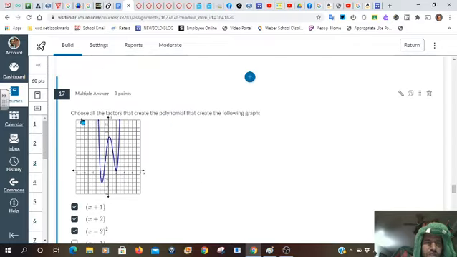This one says, choose all the factors that create the polynomial that create the following graph. Basically, we're looking at where the graph crosses the x-axis and whether it crosses through or bounces.